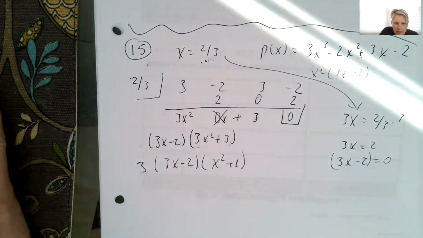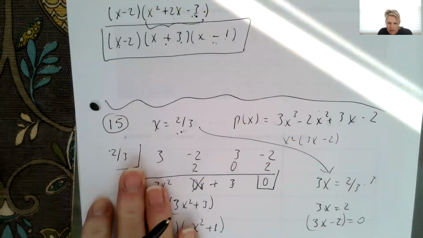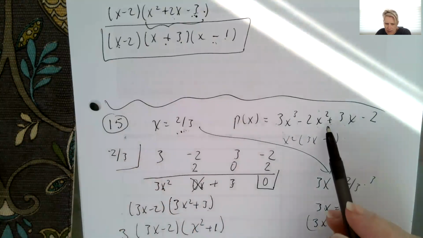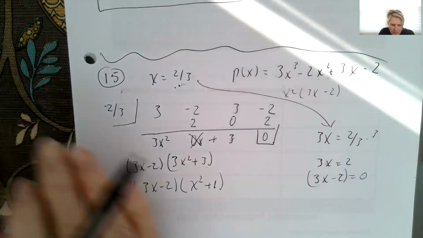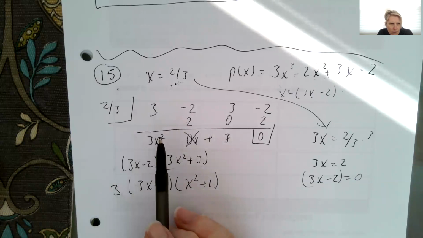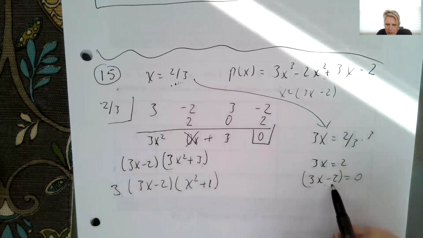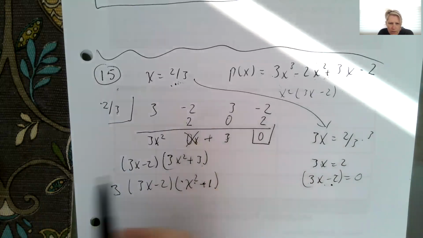So let's just check. It's 3x minus 2. Then we should just have an x squared plus 1.